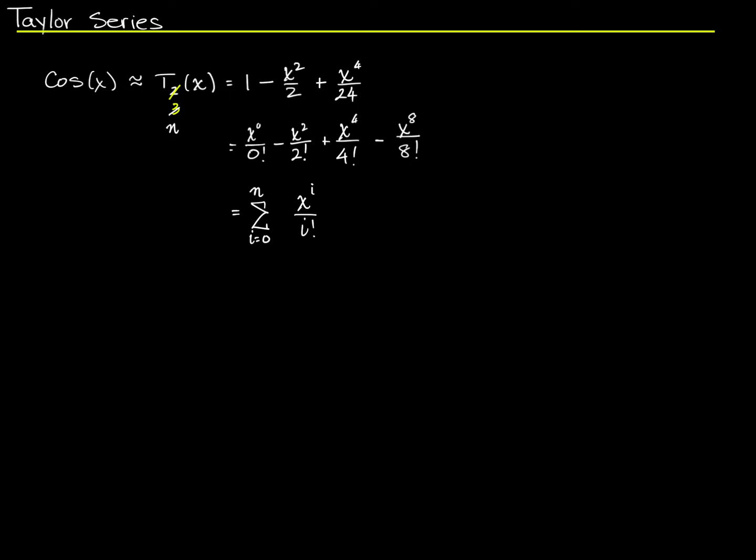Right now this looks like x to the 0 over 0 factorial plus x to the 1 over 1 factorial plus x to the 2 over 2 factorial. First of all, there are two problems here. One is that all of the terms are positive, and in the actual Taylor polynomial, they are not.